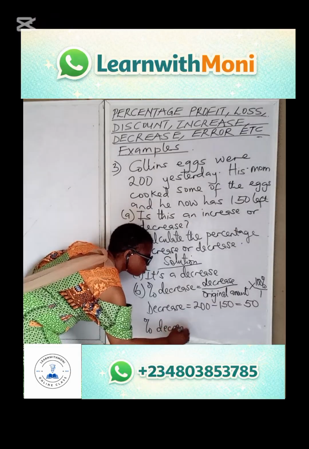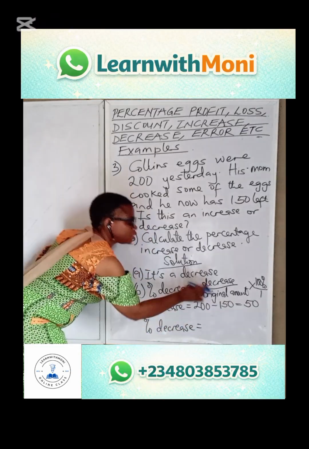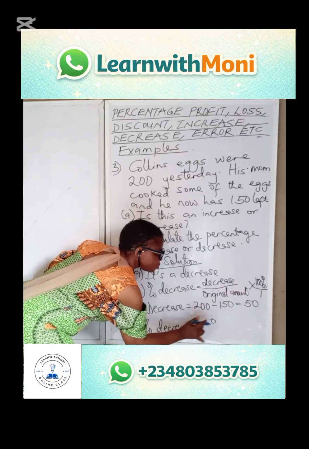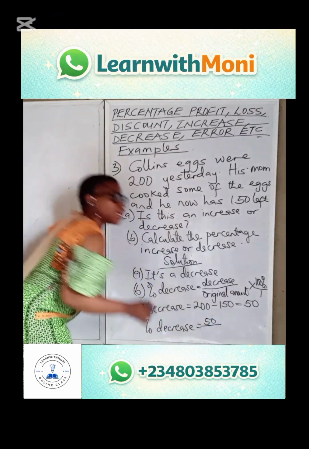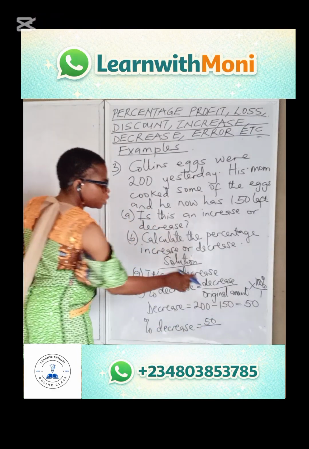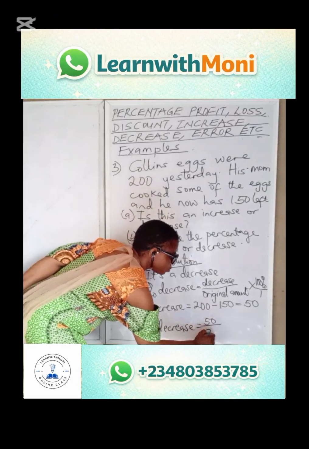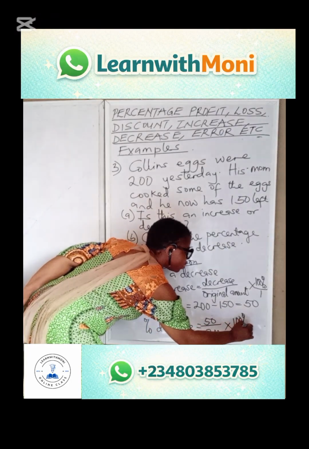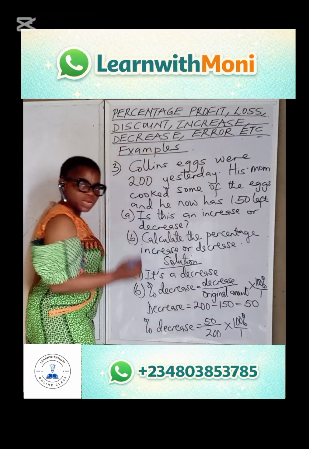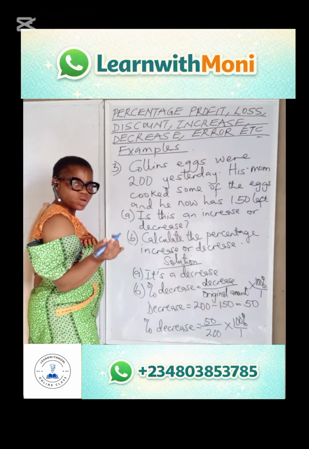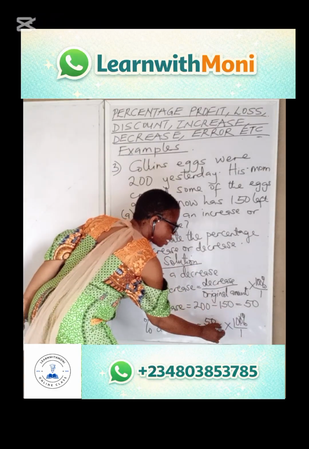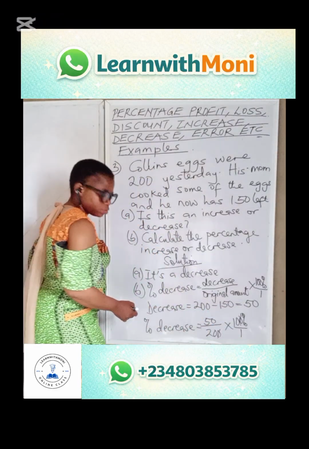Percentage decrease is going to be the actual decrease, which is 50 eggs, over the original number of eggs he had, which is 200, times 100% over 1. So let's divide like you always divide. The 0 at the numerator can cancel out the 0 at the denominator.